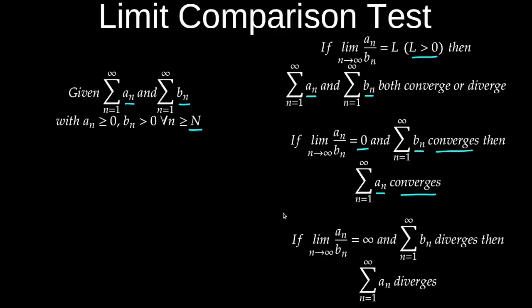And if the limit of An on Bn as n approaches infinity is unbounded, and Bn diverges, then An also diverges. And we'll get some practice in applying this test to get the hang of it.